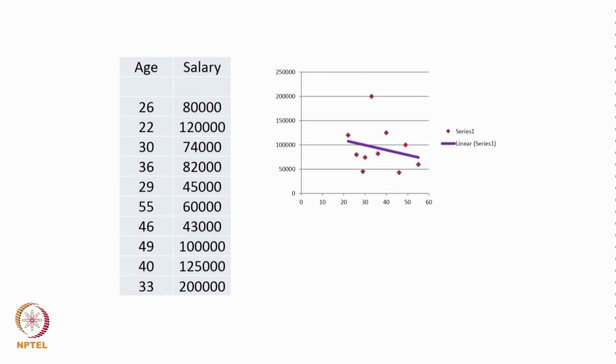Now, let us look at another example where we have age of the person versus salary, and let us say we have picked up these 10 points, and then we first plot these 10 points. So, these 10 points are plotted, we get a scatter plot of these 10, and then let us say we also fit a line through a software that we can do, and we want to check this, and we then want to ask a question, is there a positive association or is there a negative association from this data?